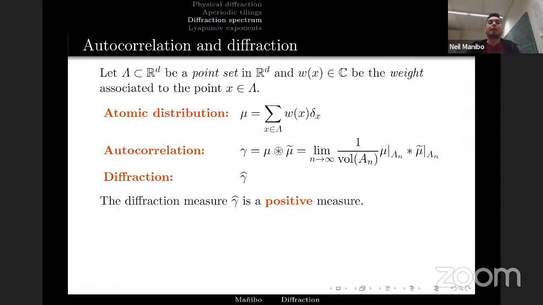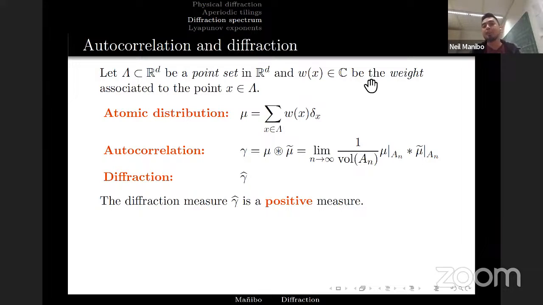Now we want to build the measure that corresponds to our solid. The one-dimensional example that I showed from the Fibonacci substitution is going to be a point set in R. By point set here, I mean a countable union of singletons. So we let lambda be a point set in R^d, and we let w_x be the weight associated to the point x, which lies in the point set.